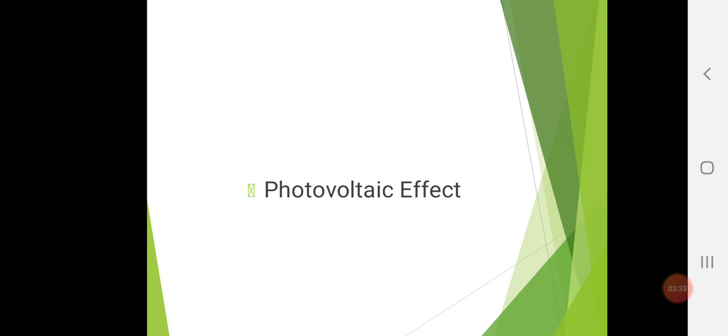The PN junction photodiode. There are three layers, called energy conversion layers, where the photovoltaic effect occurs, which converts sunlight into electrical energy.